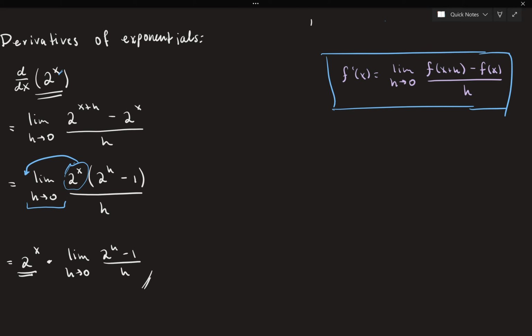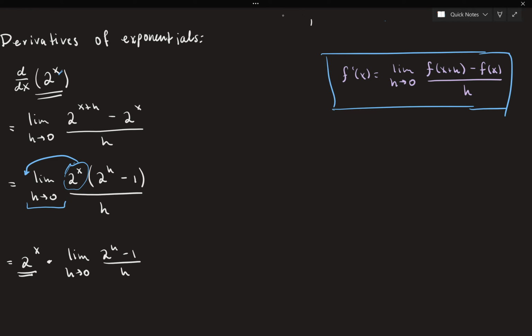I don't know what that number is yet, but I just got the function back, and maybe this limit is 2, in which case the derivative of the function is just double the original. Or maybe it's 1.71. I don't know. In which case the derivative is just 1.71 times the original function. That is really, really, really interesting. So we're going to see how far we can take that.